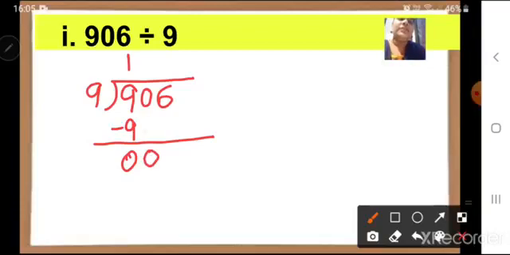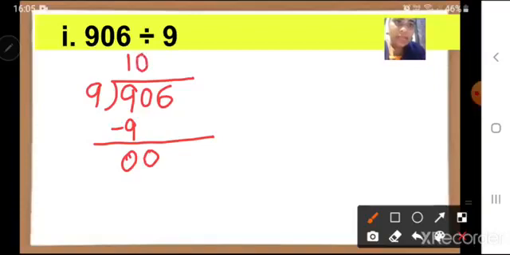Now this is a very important step. Children, because you have got 0 here, it doesn't mean that we don't have to divide. We have to divide this 0 also. How are we going to do that? In such a case, we carry 0 in the quotient.